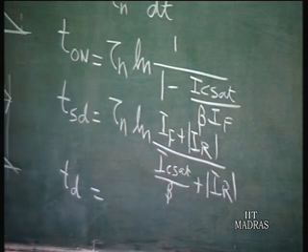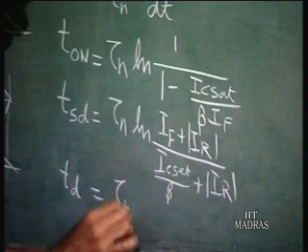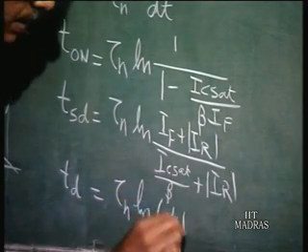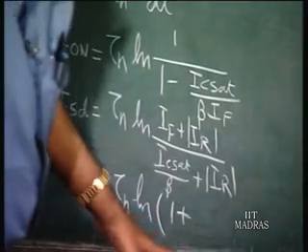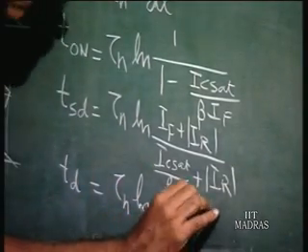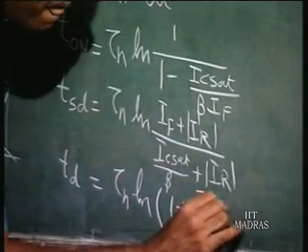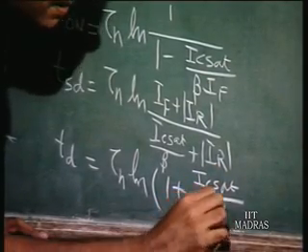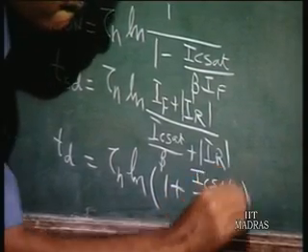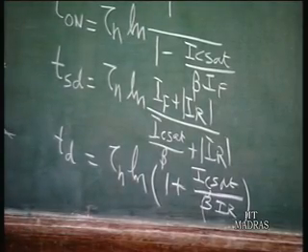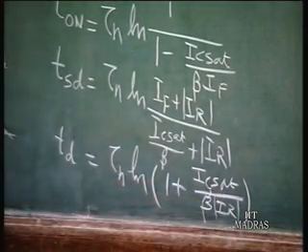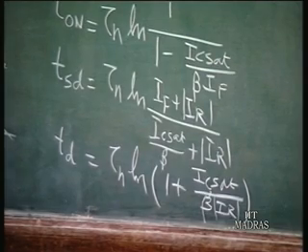It is very simple: tau n ln of 1 plus IC sat by beta IR. IR of course is actually the modulus of current. IR is a negative current, but what we are interested in is the modulus.